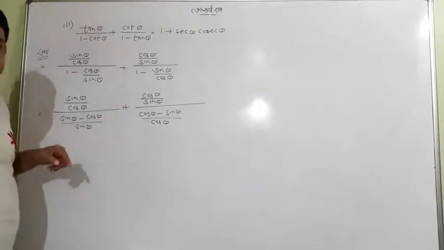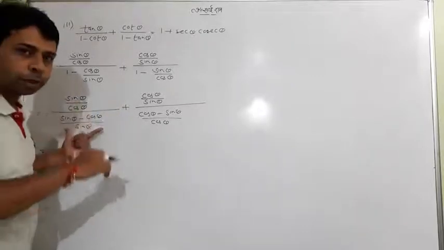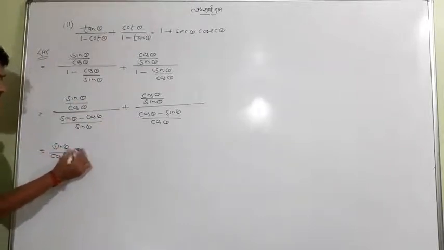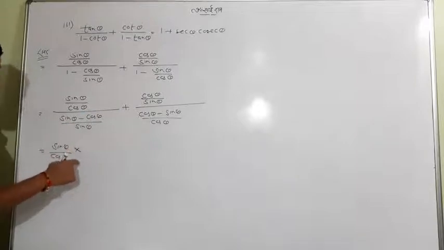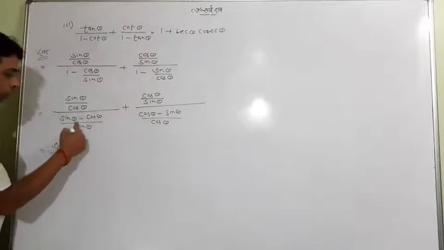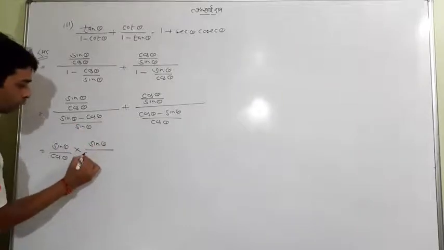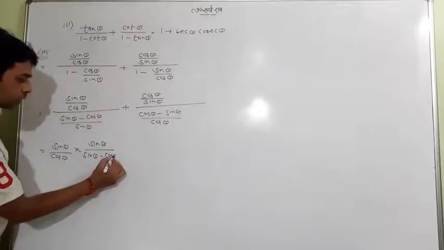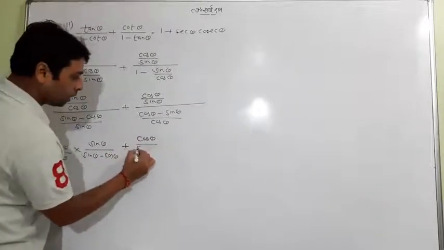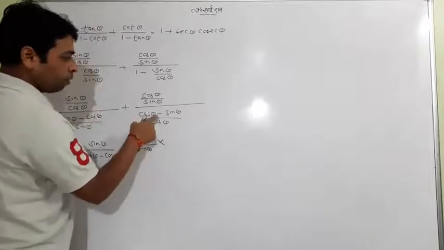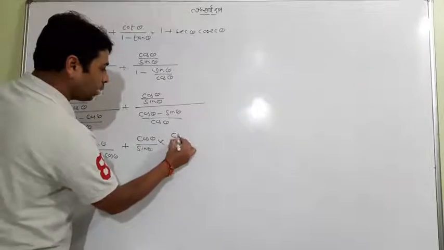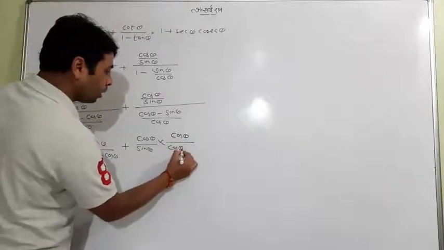When I turn this into a multiplication, the denominator will be reciprocal, like sine theta upon sine theta minus cos theta. It gets changed, like here cos theta upon sine theta. Again it is the reciprocal, because if we turn division into multiplication, it will get cos theta upon cos theta minus sine theta.